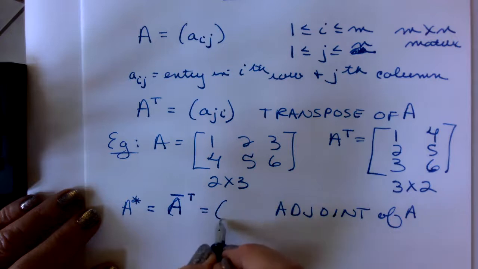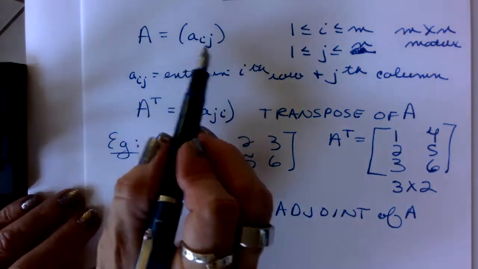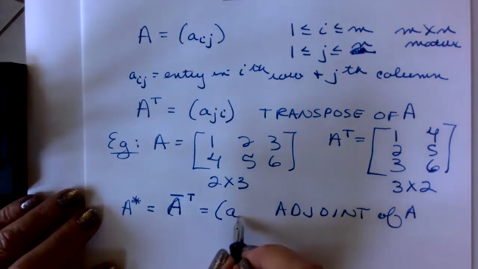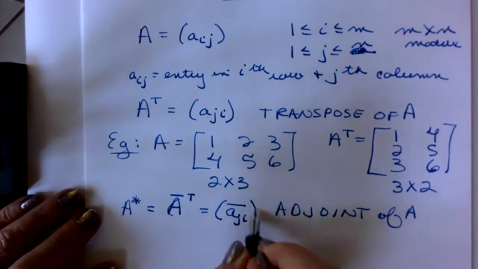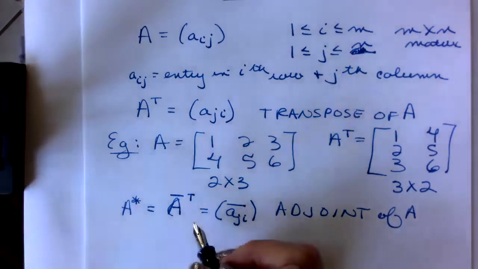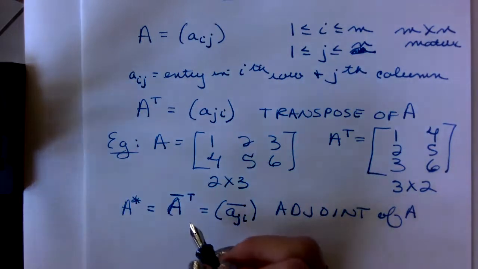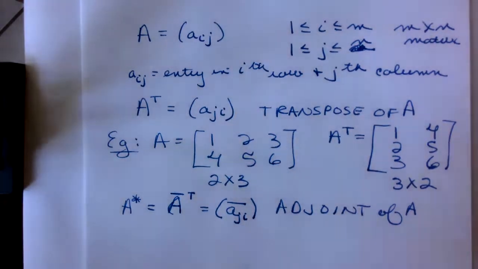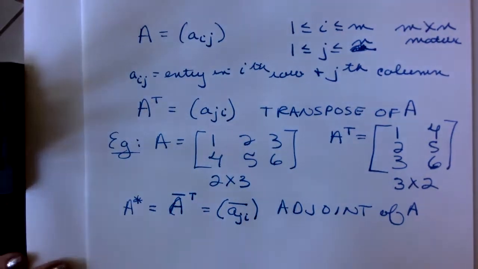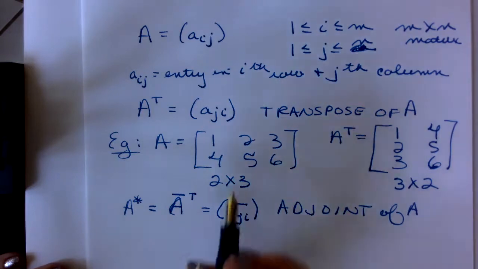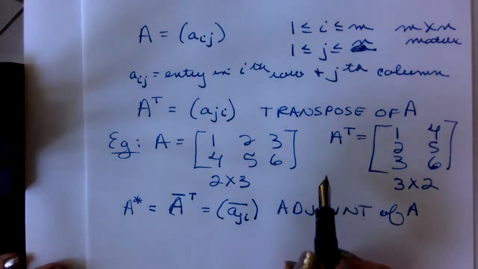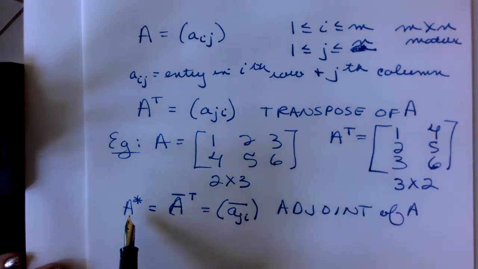So if the original matrix is Aij, you do Aji complex conjugate. One of the things you prove in linear algebra is that A conjugate transpose is the same thing as A transpose conjugate. We're not going to do proofs, we're just doing the bare minimum that we need to know. So that's A adjoint. Now in a real matrix, everything is real, so the transpose is the same as the adjoint. But if you have complex entries, it's different.